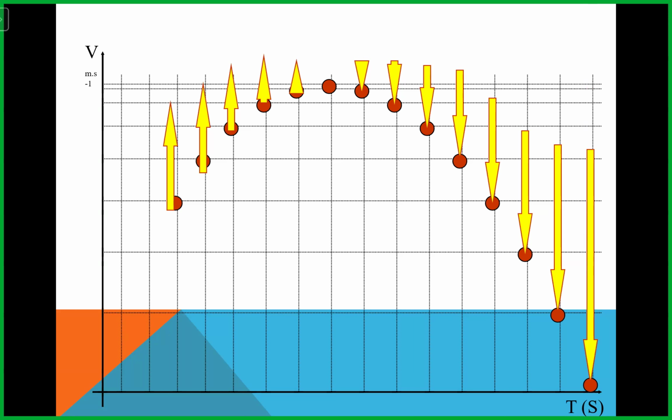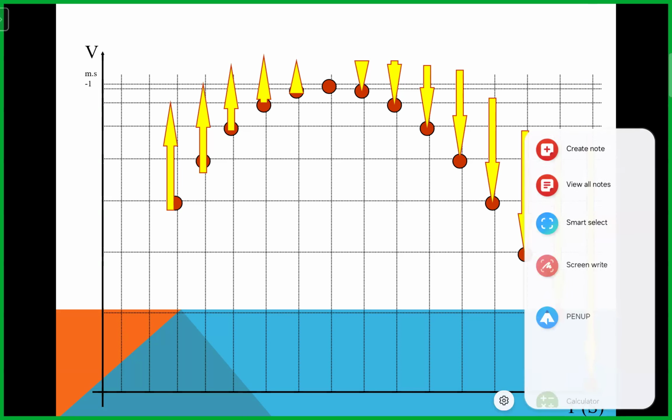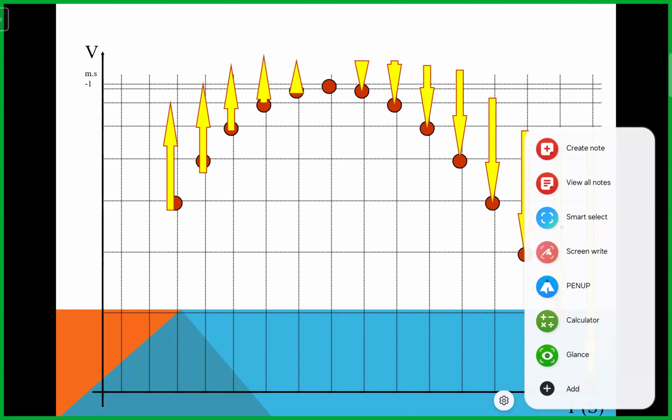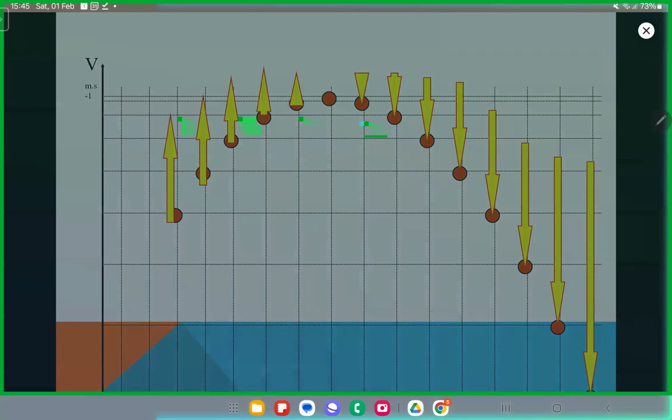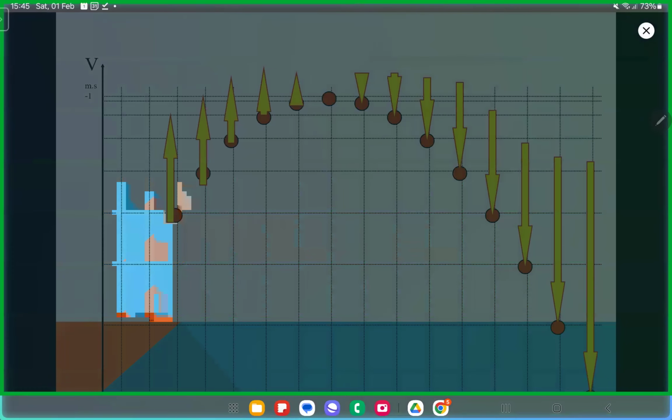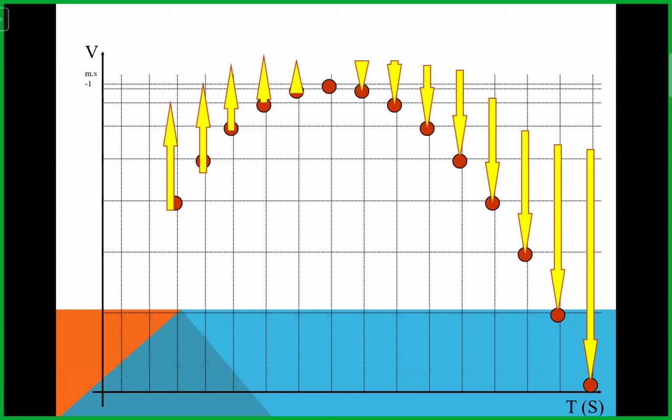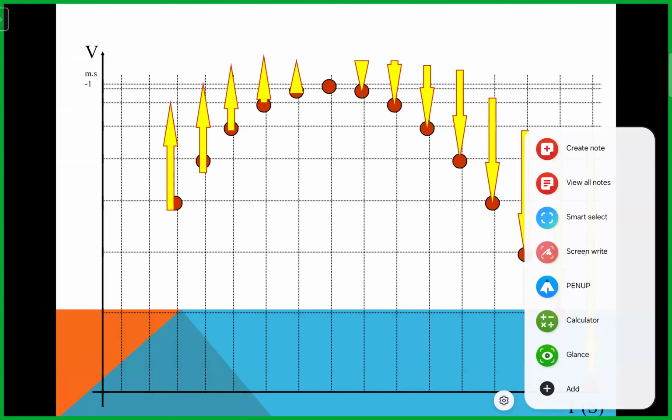So what you need to remember here about velocity is that because we're taking upwards to be positive, all your velocity pointing upwards represents upwards motion as well. All the velocity vectors pointing downwards represent downward motion as well.